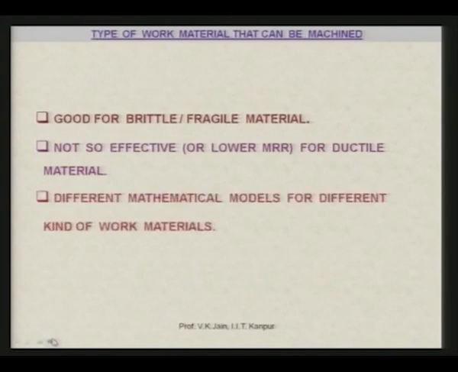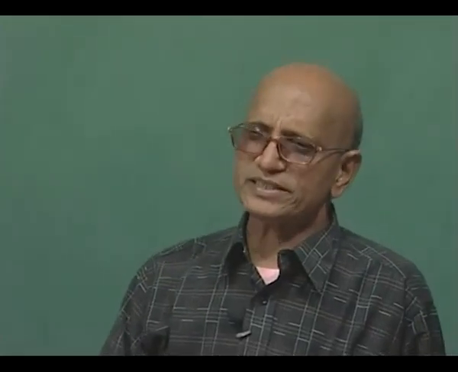Now, theoretical calculation of material removal rate in case of AJM is also important, and different researchers have proposed different models separately for ductile materials and brittle materials. I will just tell you very briefly two models proposed by two different researchers, one for ductile material, another for brittle material.